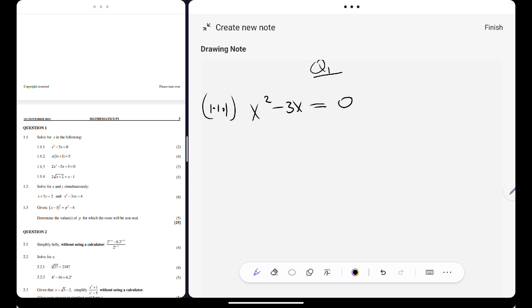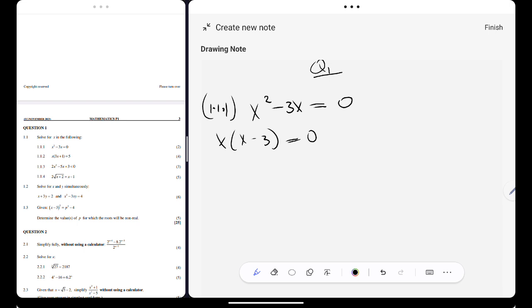Thirdly, I must make the value of a, the number in front of x squared, positive if possible, and make it equal to 1. In this case it's positive, and yes, it is equal to 1. Then the fourth step, I just need to factorize here. Since I have the common factor, I'll just take it outside and then have this.